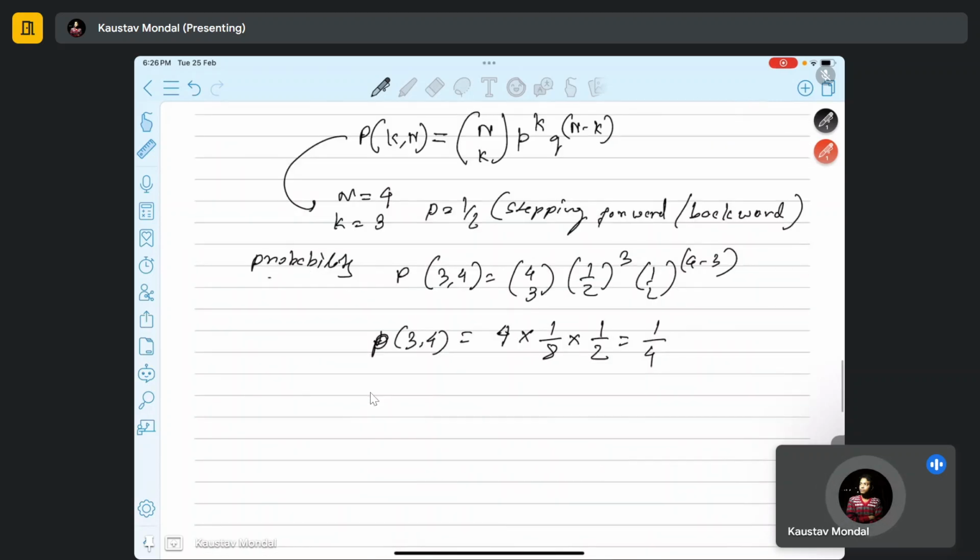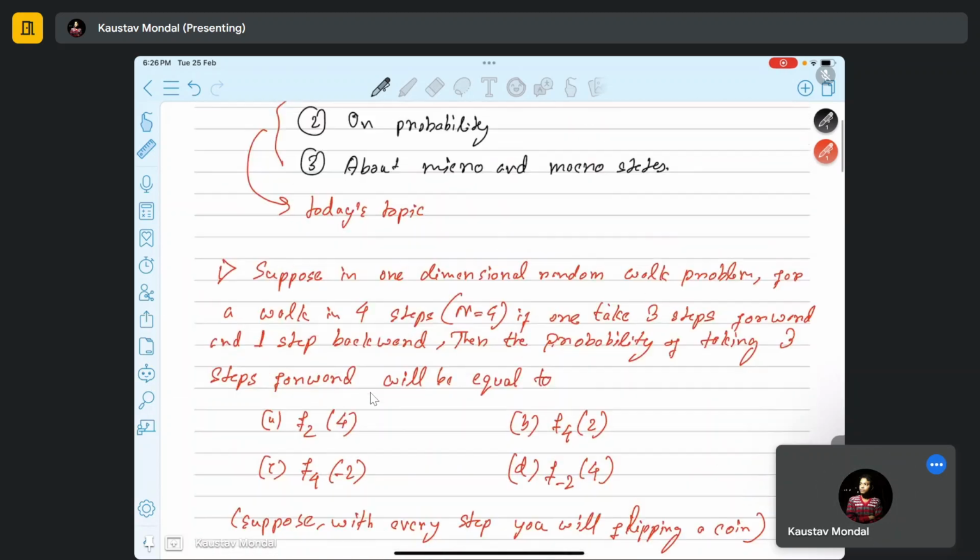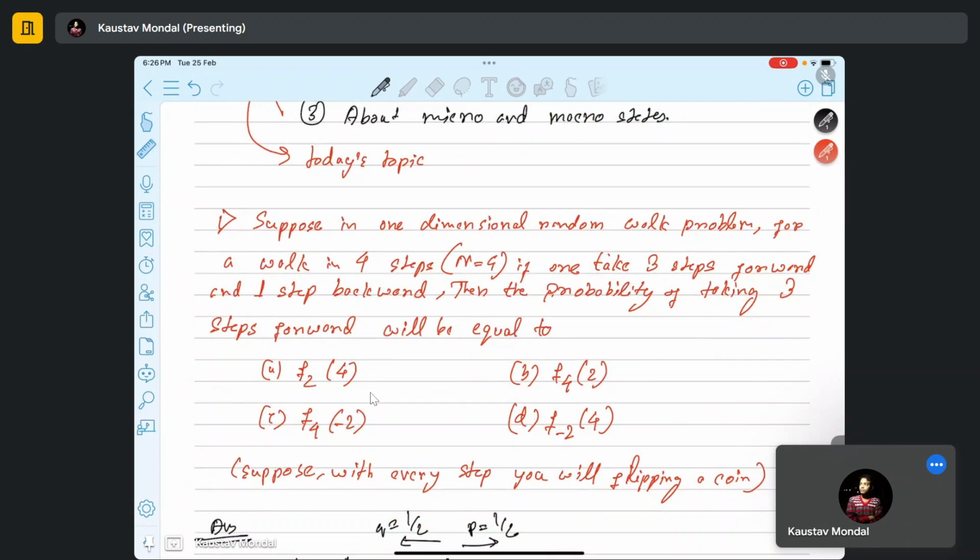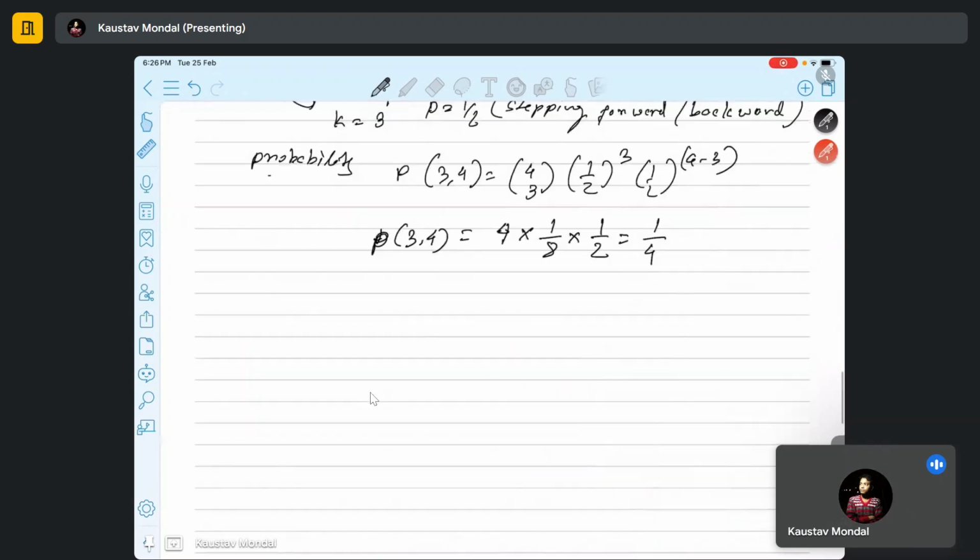But in the problem, we have to mention it in this notation format. This notation format basically gives you the probability function.